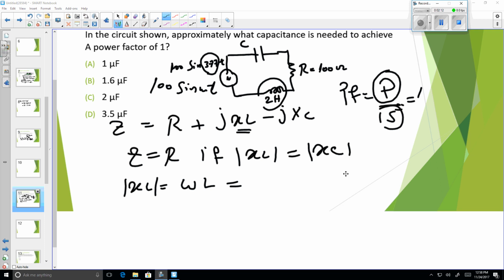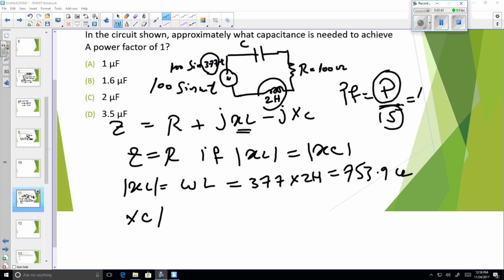So clearly omega L will be 377 times L, which is 2 Henry. So that value will be 753.9 ohm.